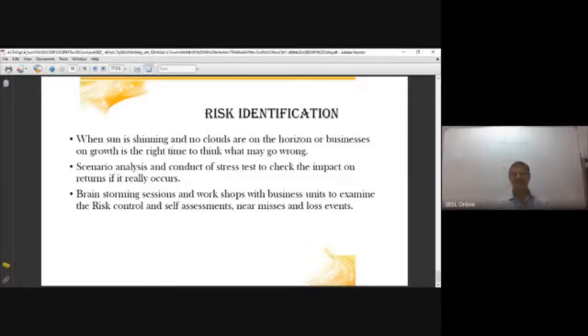So risk identification is required when things are normal. You need to identify, if something of this nature happens, what will be the impact on our profits. So this is the first step of our risk management process.